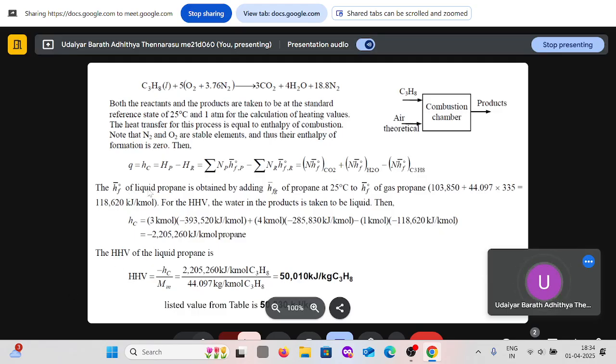The enthalpy of liquid propane is obtained by adding h_fg of propane at 25 degrees Celsius to the enthalpy of gas. So we get the enthalpy of liquid as 118,620 kilojoule per kilomole.